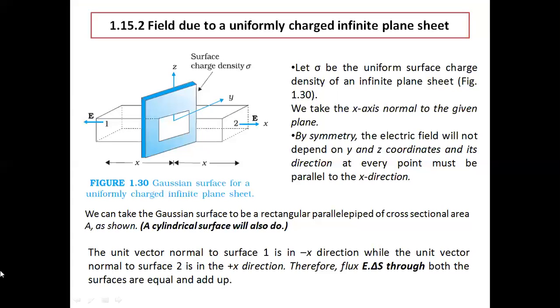Let's consider surface number 1, which is in the minus x direction, and surface number 2, which is in the plus x direction. Therefore the flux E into delta S through both surfaces is equal and they are added up.